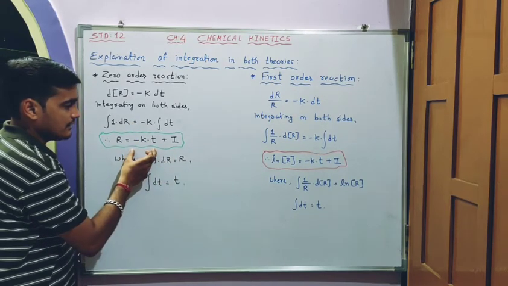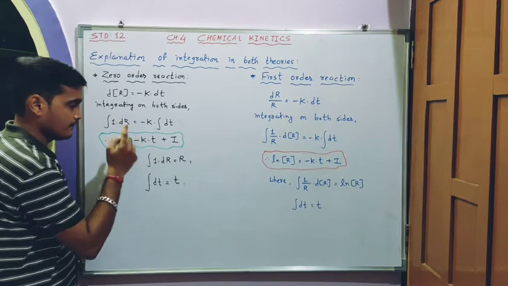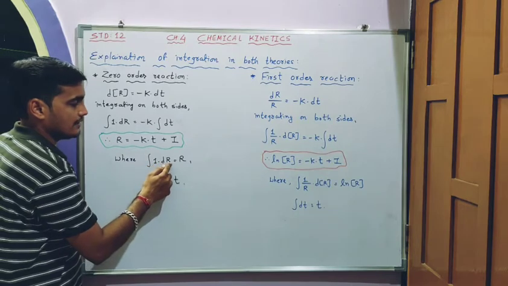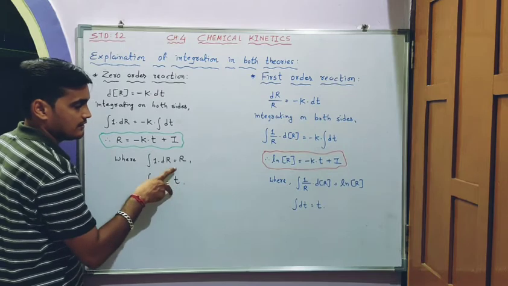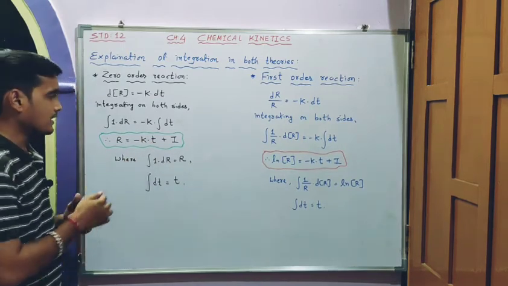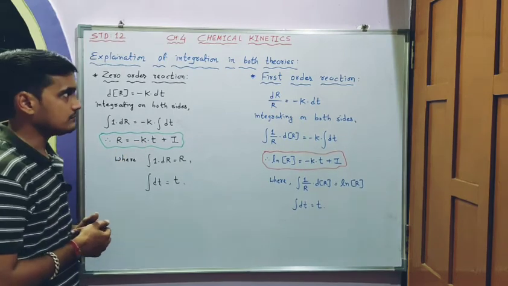This equation is our equation number 1 in the zero order reaction theory, where integration of dr is equal to r and integration of dt is equal to t. These two answers are considered as r is equal to minus kt plus I.